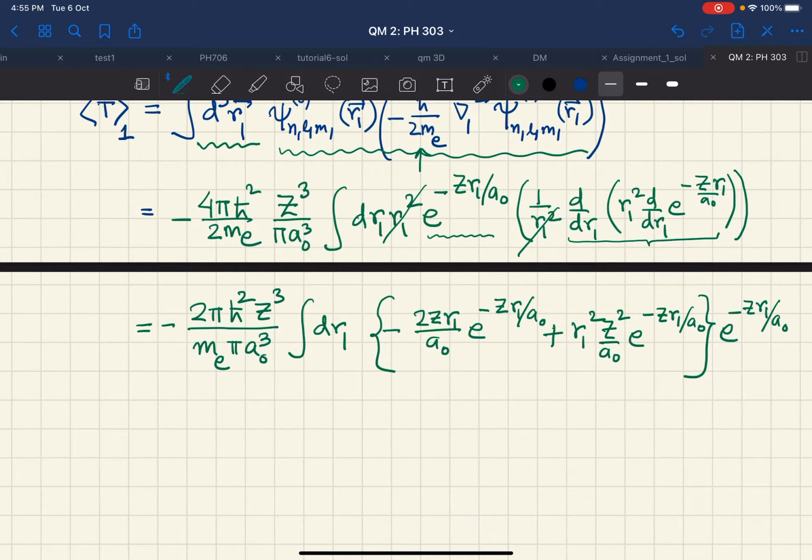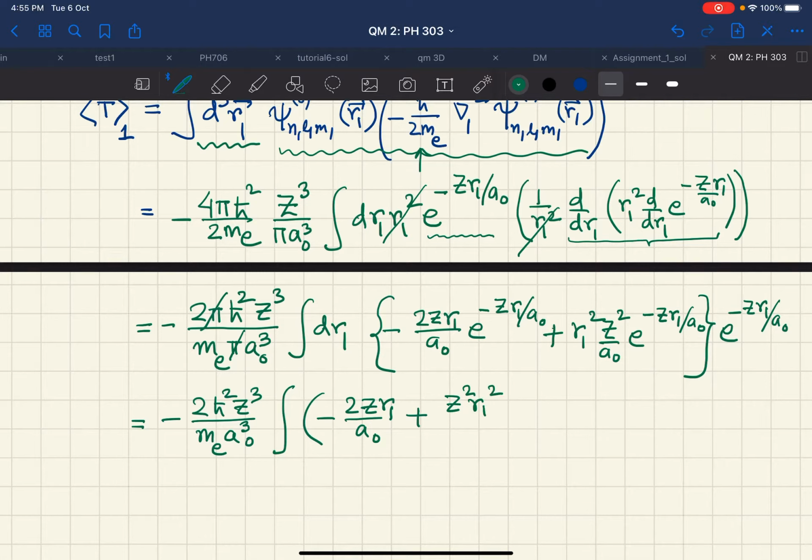So this, if I now write it more explicitly, in fact this pi gets cancelled, we have minus 2 h bar squared Z cubed by me a0 cubed into minus 2Z r1 by a0 plus Z squared r1 squared by a0.